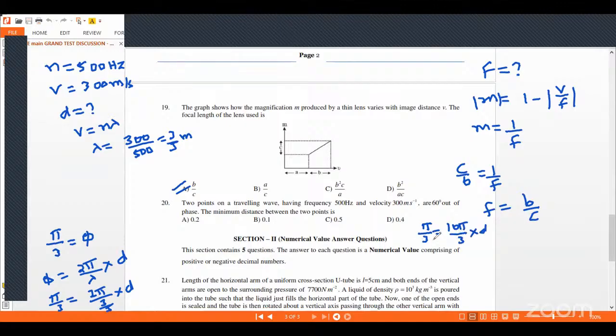Right? So pi by 3 will get cancelled, and d equals 1 by 10 meter, that is nothing but 0.1 meter. Right? Fine. Okay? Is it fine?